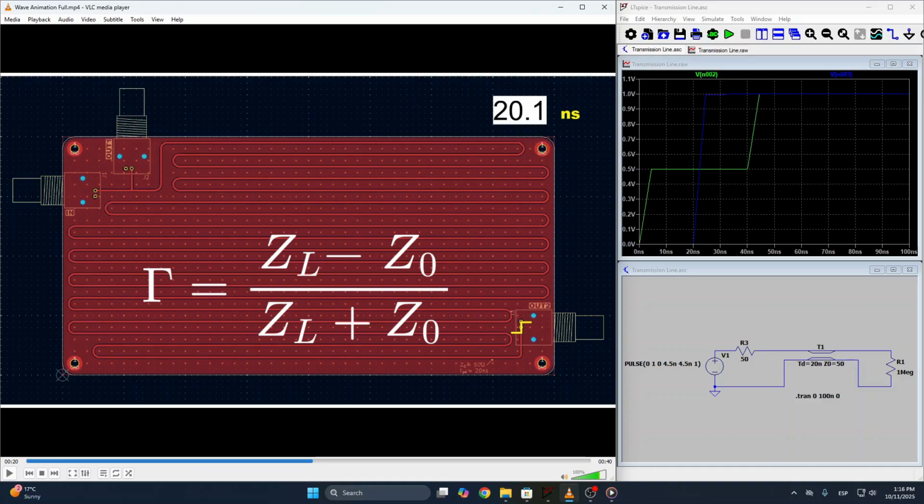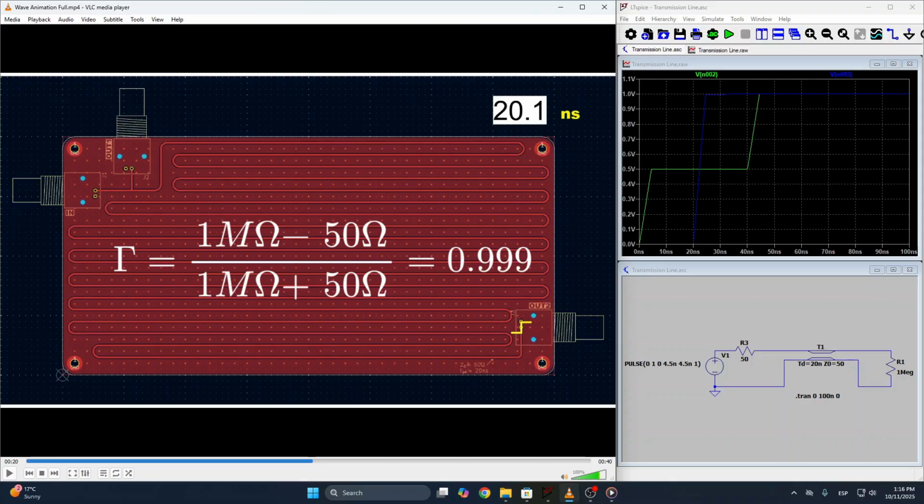A rho of +1 means the full wave amplitude is reflected, and a rho of -1 means that the full amplitude is reflected, but with the opposite polarity. Any value in between represents the proportion of the incident wave that is reflected back to the transmission line.